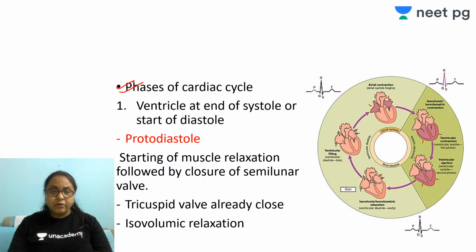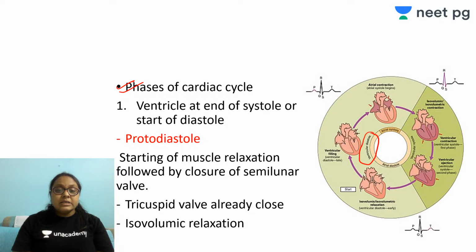Okay, the phases of the cardiac cycle will be starting from this point. See, this is the ventricular diastole, that is, the ventricle is in the relaxed state. We'll first talk about this light green point and then we'll go towards the ventricular systole.